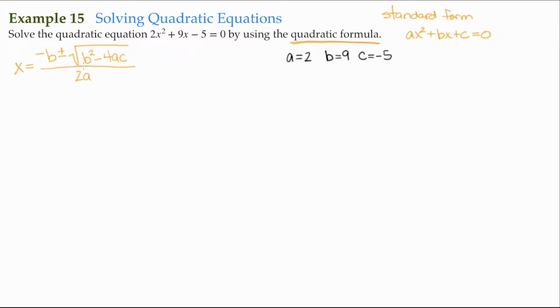So then all we do is fill in those values and complete the arithmetic. So we have x is equal to -b. What's b? That's 9.